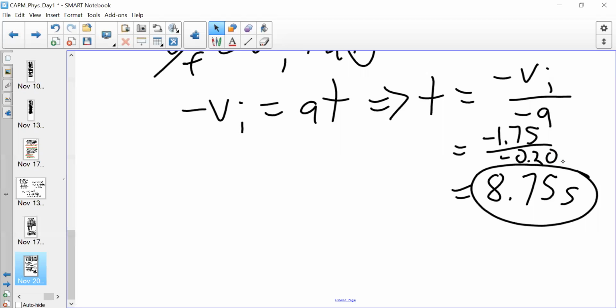Any questions from that? So with these kinematics equations, these motion equations, write down what you know, maybe draw a picture to help you see, and use the right equation.